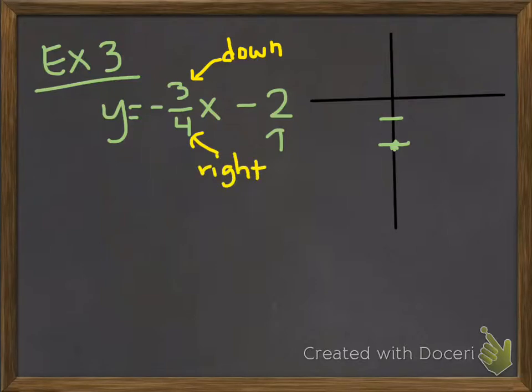So from here, we're going to go down 1, 2, 3, and to the right 1, 2, 3, 4. Okay, and we're going to draw a line. Arrows on both ends because it goes forever in both directions.